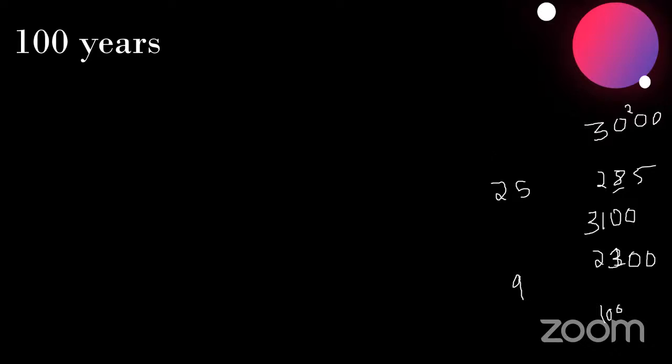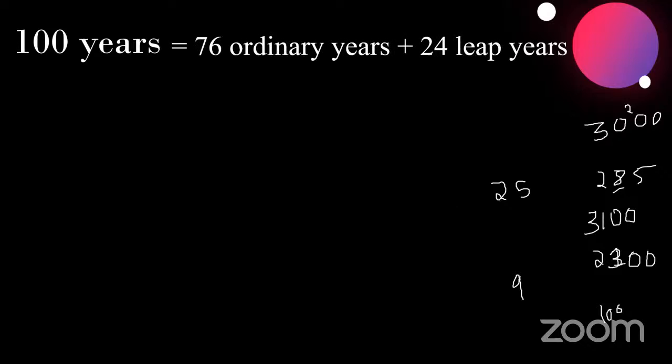If it is divisible by 4, then it is a leap year. For every 4 years we are getting a leap year. We have 76 ordinary years and 24 leap years in 100 years, right?